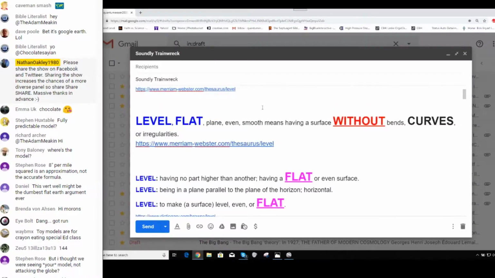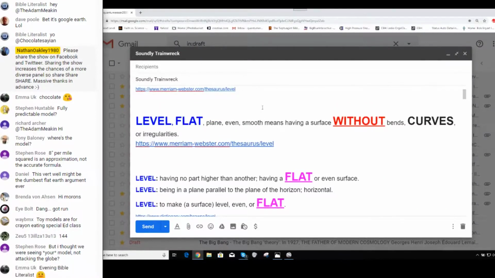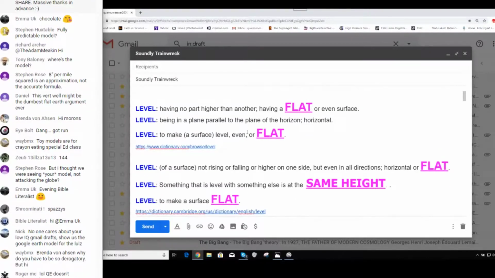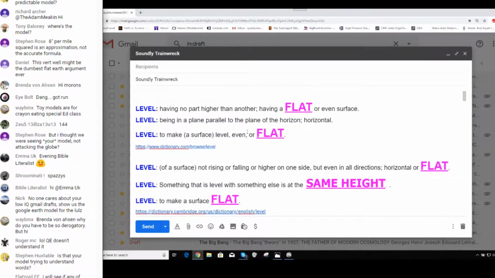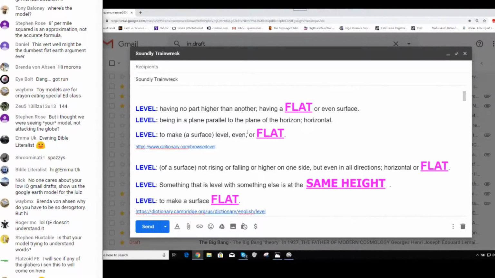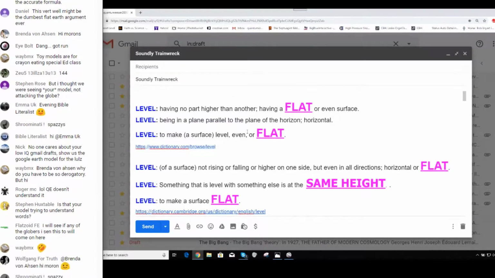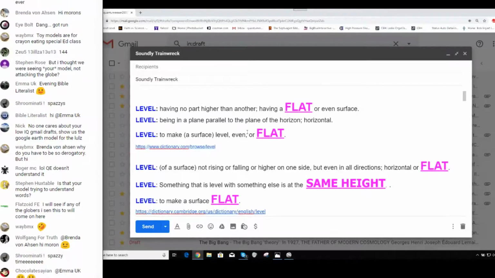Level, flat, plane, even, smooth means having a surface without bends, curves, or irregularities. From dictionary.com: level, having no part higher than another, having a flat or even surface. Level, being in a plane parallel to the plane of the horizon. Horizontal. Level, to make a surface level, even or flat.